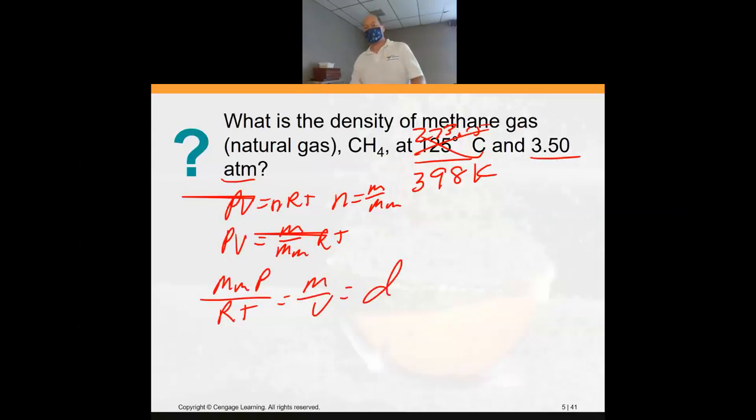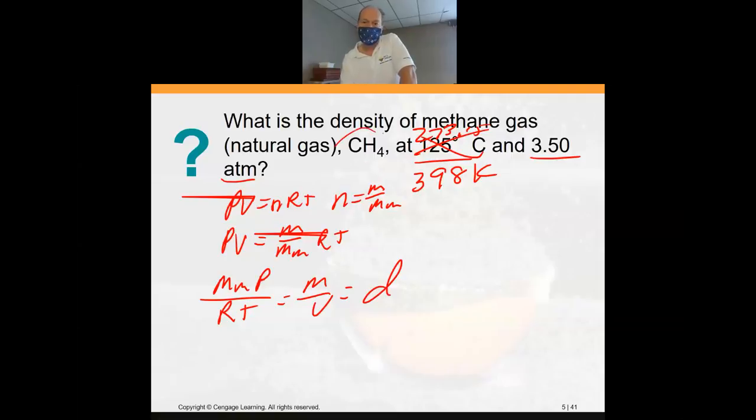So you're going to get your density as molar mass times pressure divided by RT. And you should always put in your units. Make sure that you didn't mess up anything mathematically. If you put in your units, you will get the right units for your density, which is grams per liter.